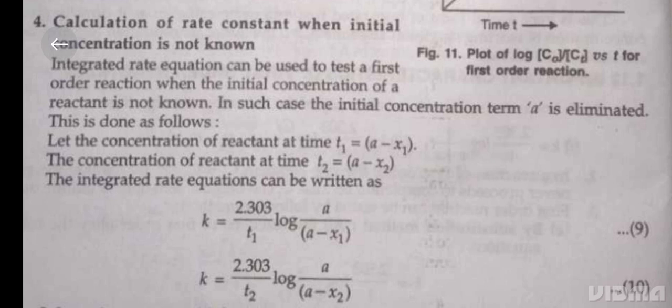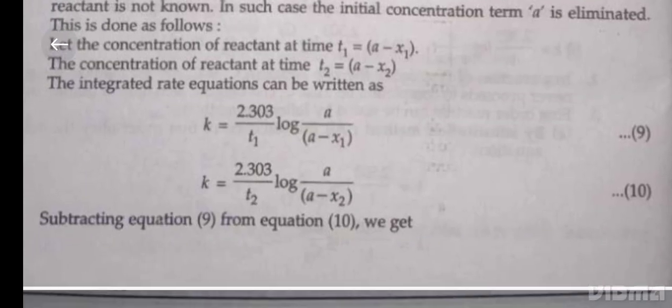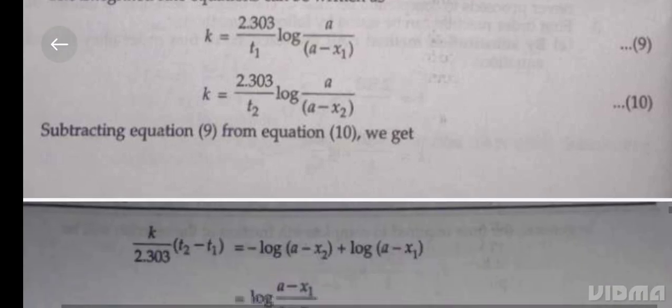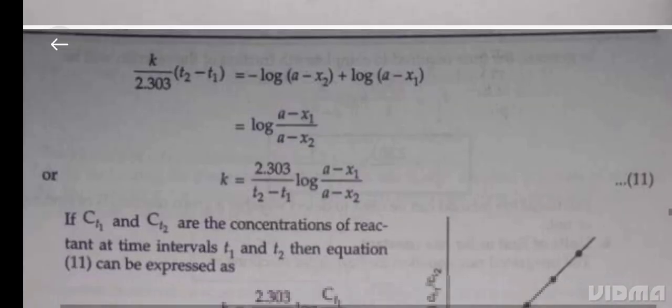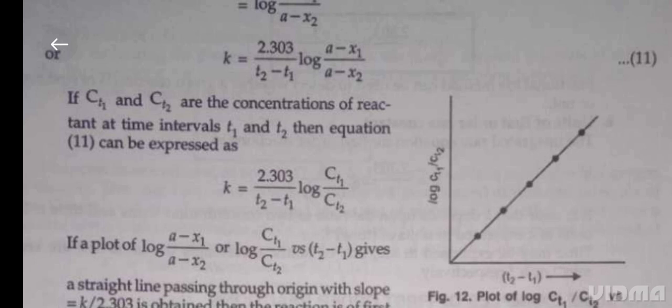Then the integrated rate equation can be written as K is equal to 2.303 upon t1 log of a upon a minus x1, and 2.303 upon t2 log of a upon a minus x2. Finally, we will get K is equal to 2.303 upon t2 minus t1 log of a minus x2 upon a minus x1 upon a minus x2.